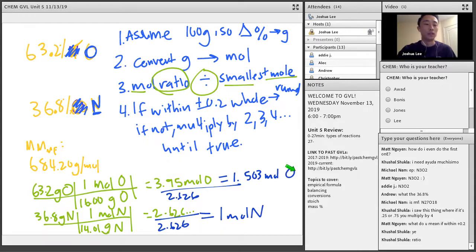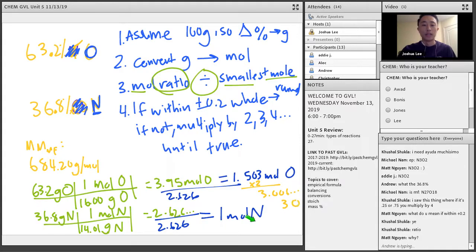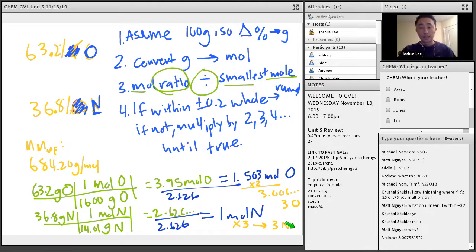So now what you have to do is, all right, first thing I'm going to try is multiplying it by 2. If I multiply this by 2, this becomes like 3.006 and so on. So hey, that means I want 3 oxygens. But then I have to multiply this by 2 to get 2 nitrogens. You have to multiply because it's like saying you can't have half of a shirt, right?